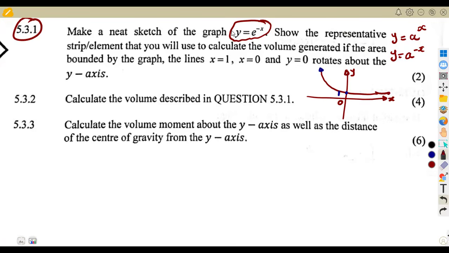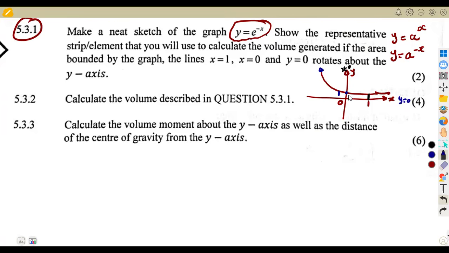Then we are supposed to show the representative strip or element that you will use. It's your choice. We are not told whether it's parallel or perpendicular. It is for the volume generated if the area is bounded by the graph and the lines x equals 1, maybe somewhere here we've got a 1 there, x equals 0, which is our y-axis, and y equals 0, which is our x-axis.